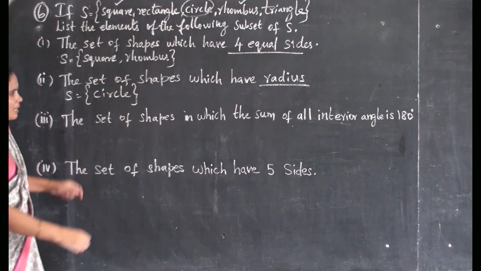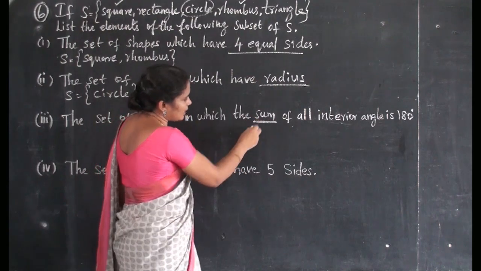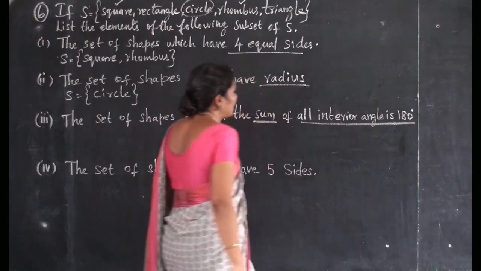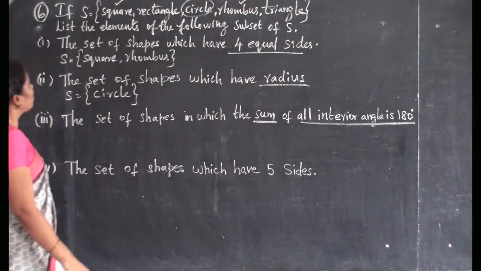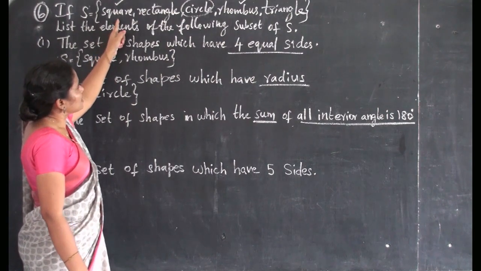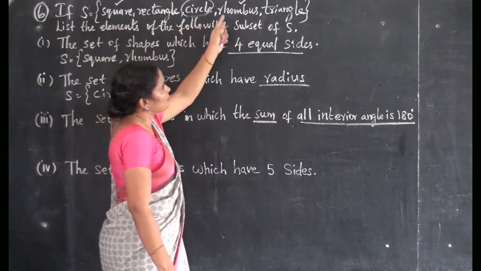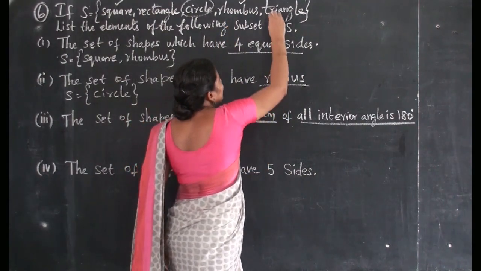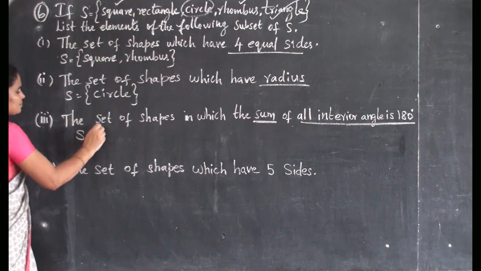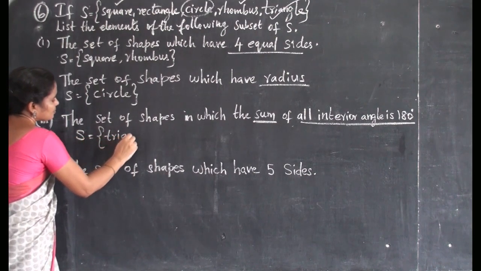The set of shapes in which the sum of all interior angles is 180 degrees. For square it is 360 degrees, rectangle 360, circle 360, rhombus 360, triangle you get 180 degrees. So the subset is {triangle}.